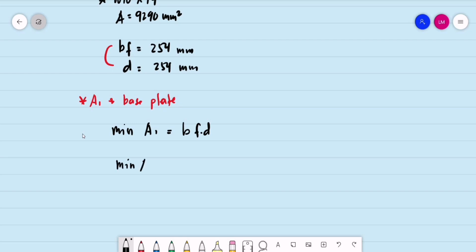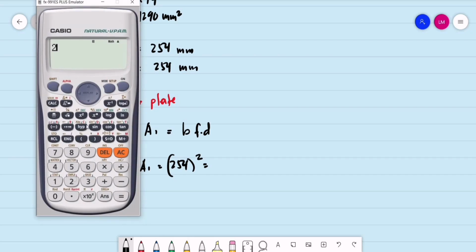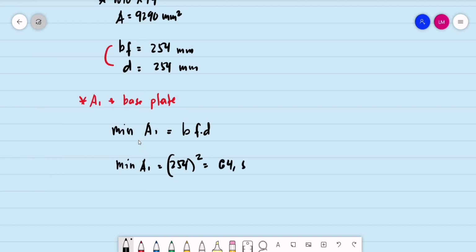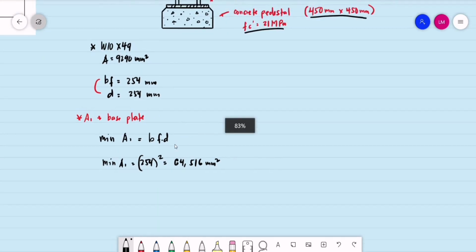Minimum area 1 is equal to 254 squared, equal to 64,516 square millimeters. So that is the minimum required area for the base plate.